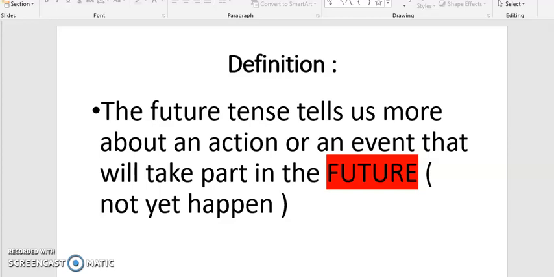So it will happen, but in the future. I hope you are clear that we are going to use this tense to make a sentence for an action that will take place in the future.